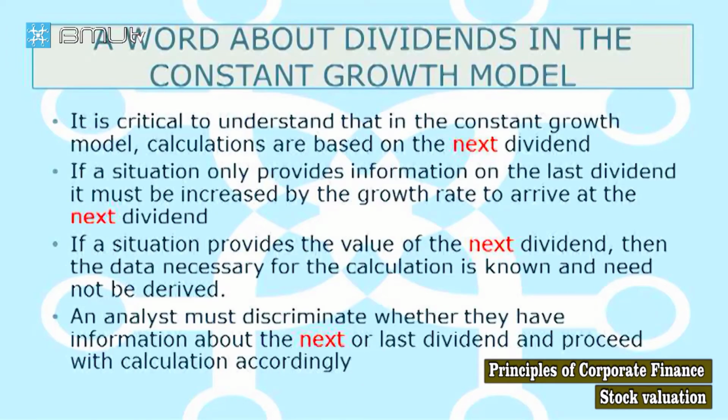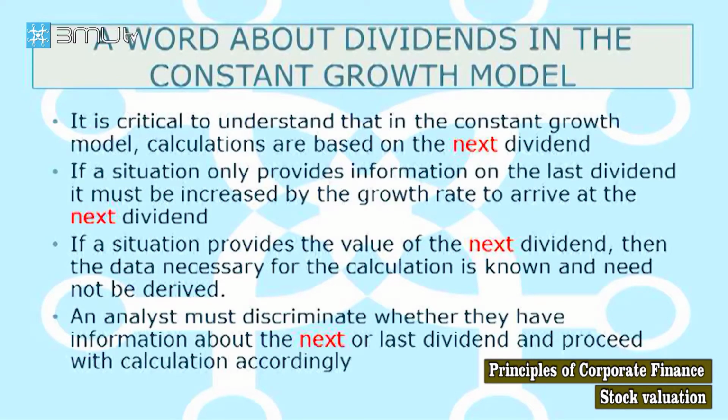It's important to understand that the constant growth model calculations are based on the next dividend. If a situation only provides information on the last dividend, the just paid dividend, it must be increased by the growth rate to arrive at the next dividend. So it's important to pay attention to expressions like just paid or next period's. If it is a just paid dividend, we need to adjust it to the next period's dividend.